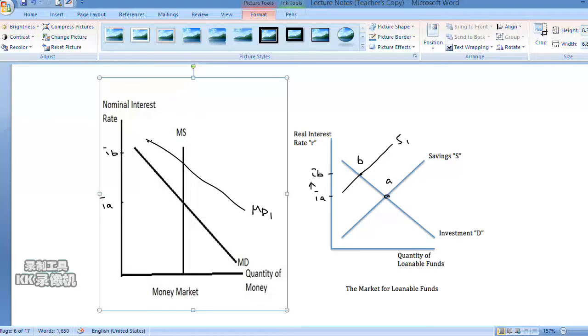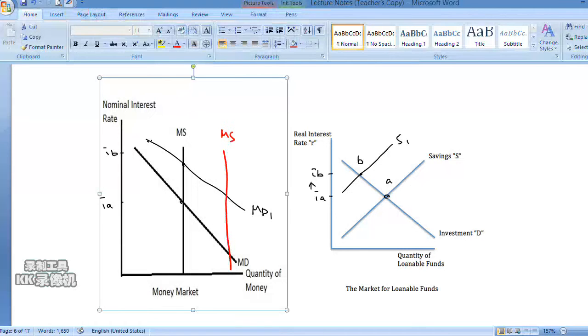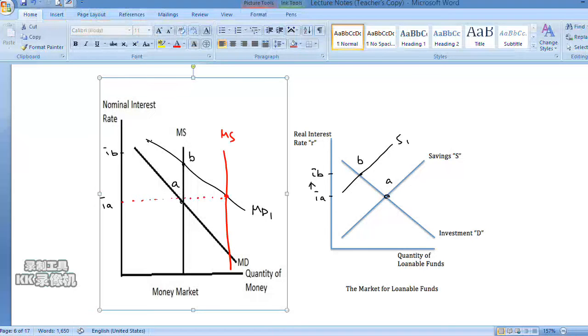So these are the same interest rates. And then because the central bank is shifting the money supply curve to the right by increasing money supply, hopefully they can make sure that interest rate doesn't change. So we are going from point A to B and then to C.